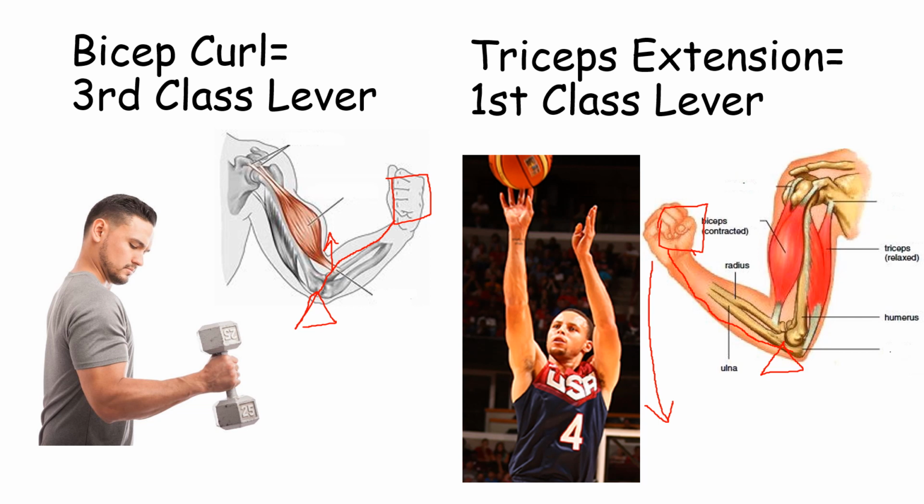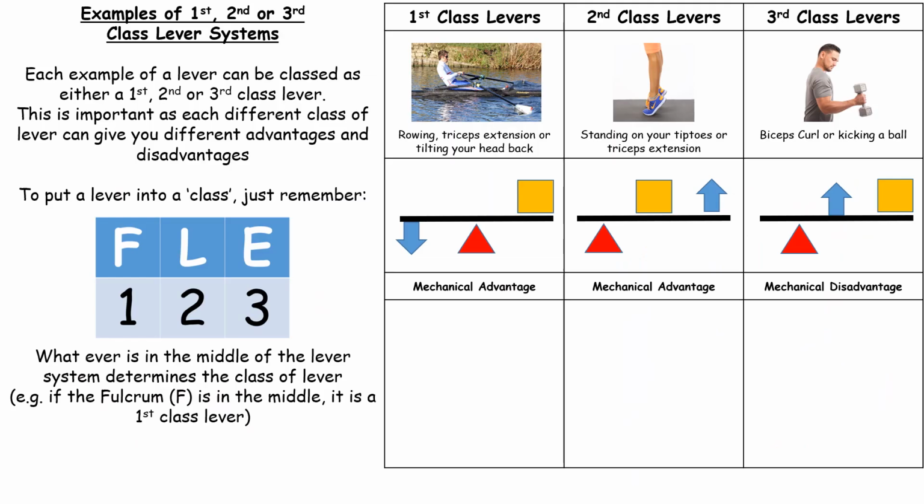And then millimeters after, a tiny bit after, you get to the tendon, or the effort. So when you draw that out, the fulcrum is in the middle, i.e. that would be a first class lever system. Hope that makes sense, but we are talking about tiny millimeters, tiny distances, which means that that is a first class lever system.